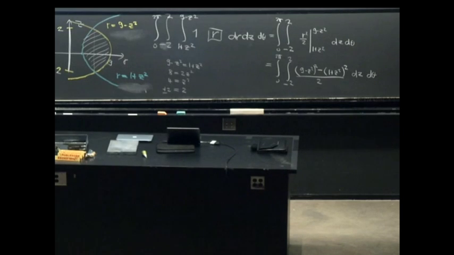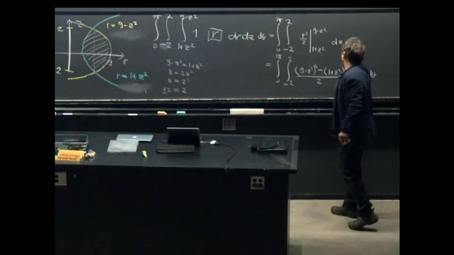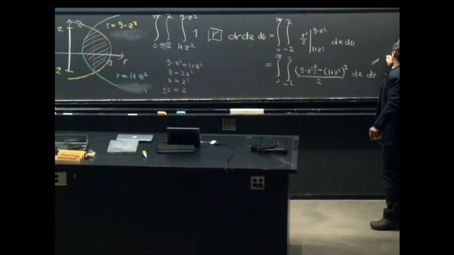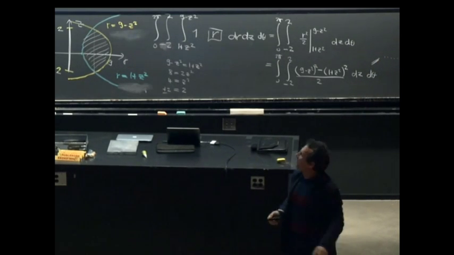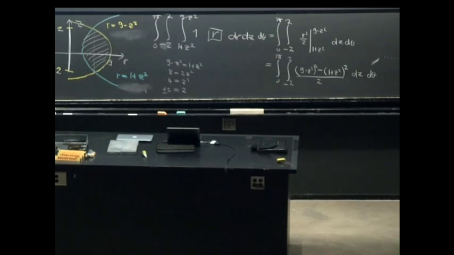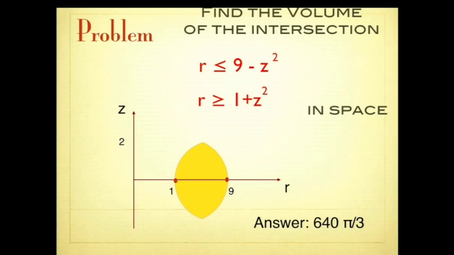So that's not a problem. Now we can just factor this all out and integrate, and I'm not doing that. That's just something you can do, and the answer is 640 pi over 3.